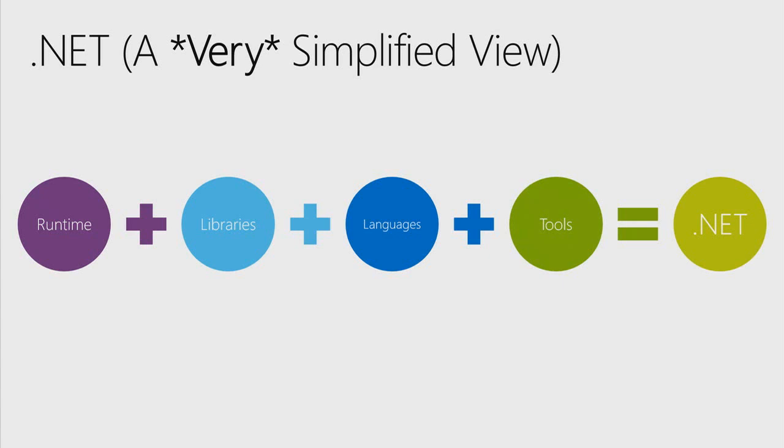In the past, we've invested at various times during the .NET development cycle at various levels across the runtime, libraries, languages, and tools. And in today's session, what you'll see is a combination of our efforts for .NET 4.5.1.